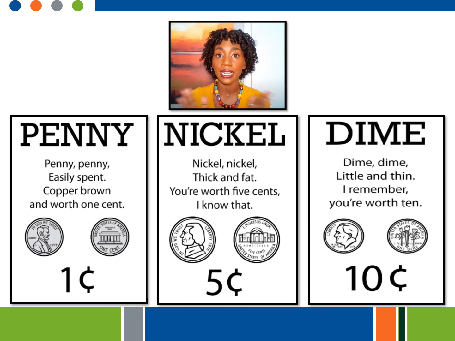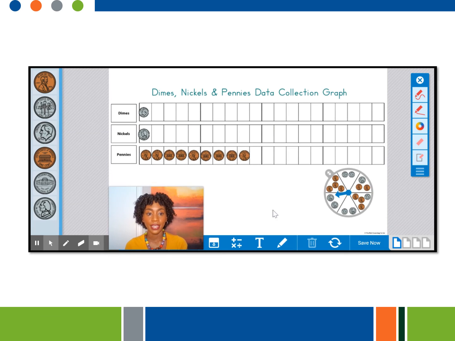Okay, let's go ahead and add to our graph for today. Okay, so let's go ahead and give our spinner a spin. And we're adding 2 nickels. So let's go ahead, and we know nickels are 5 cents, so that's 1 5 cent and 2 5 cents. So let's see how many more pennies we have. All of these are the same, partners.